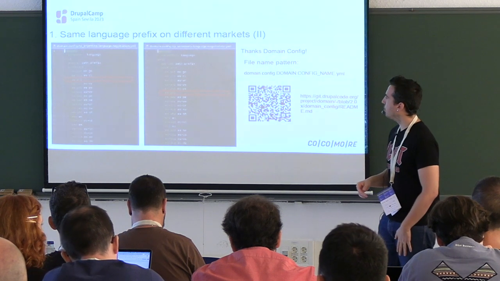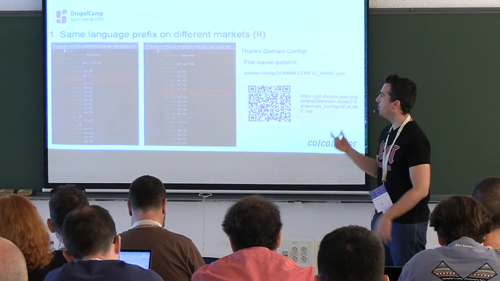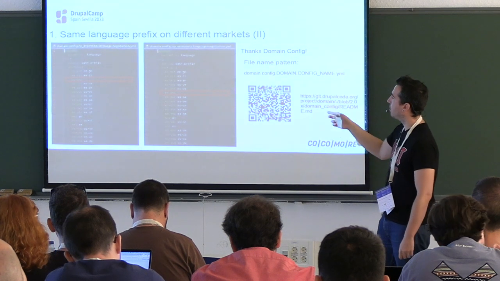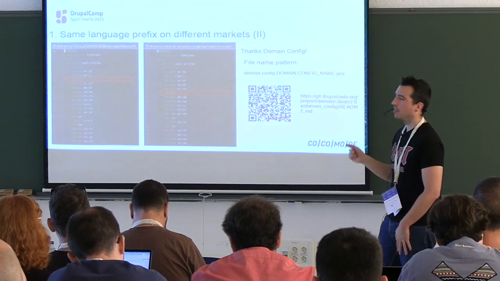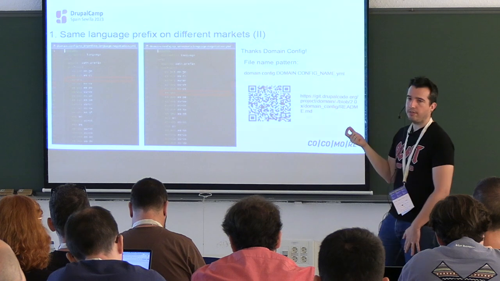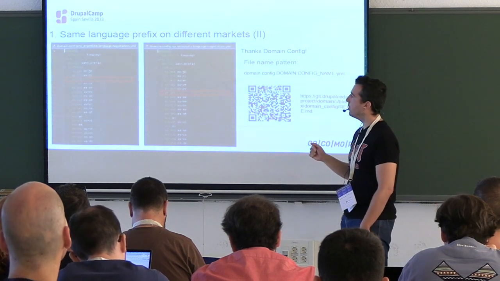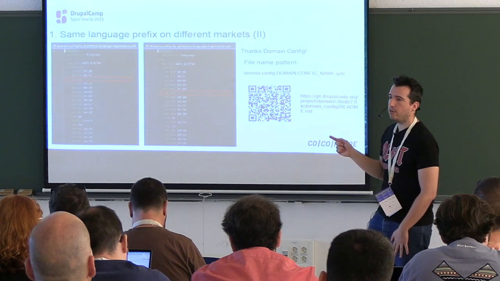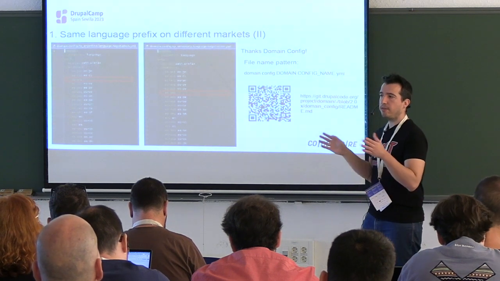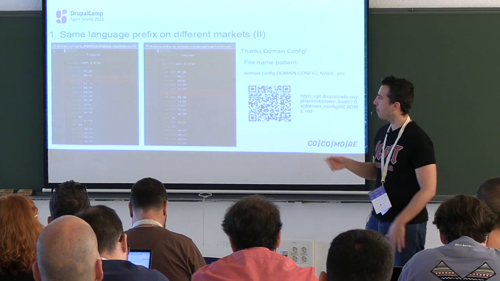So basically, what you need to provide is a configuration following this pattern. It is domain.config, then dot your domain, dot the config that you are overriding, right? Then for our case, what we wanted is to override the language negotiation configuration and have different values per market, right?